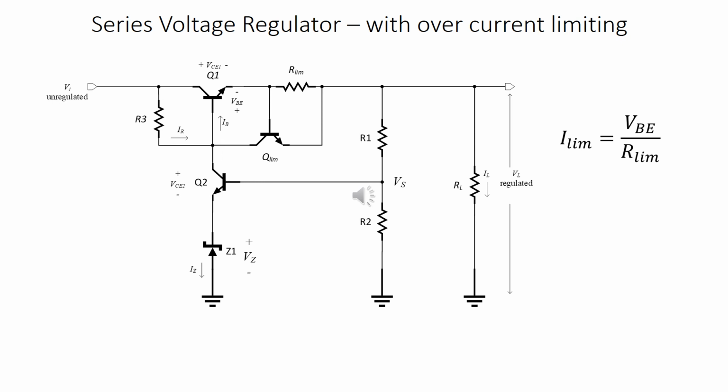Then Q limit is going to conduct and remove the current IR. In this case, the base current to Q1 is going to be reduced. The Zener diode current is going to be reduced. That means the entire operation of the voltage regulator is shut down.